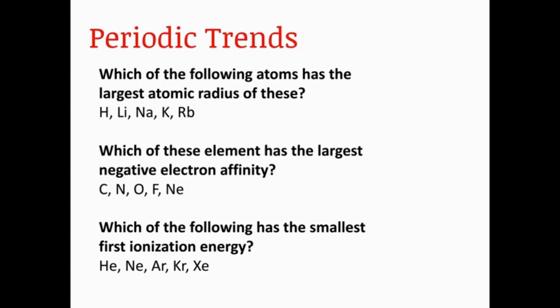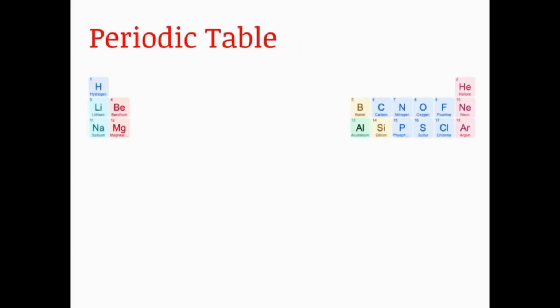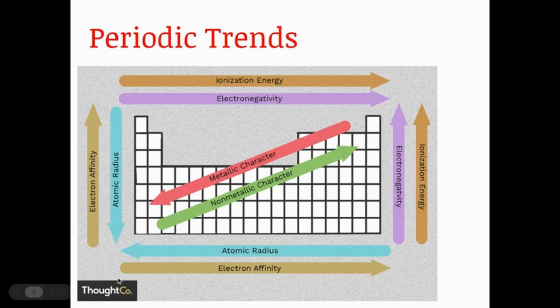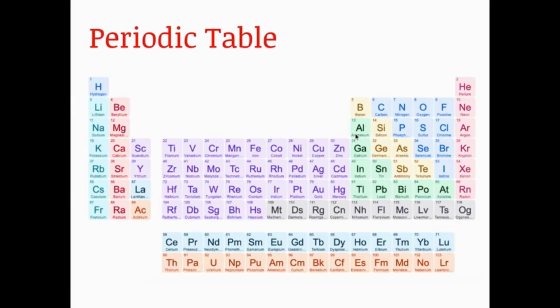Now, okay, so now we're given the question that out of carbon, nitrogen, oxygen, fluorine, and neon, which of them have the highest electron affinity? So if you look back to the chart, you'll remember that electron affinity increases while you're going to the right and while going up. So all of these, however, happen to be in the same period, or the same row.